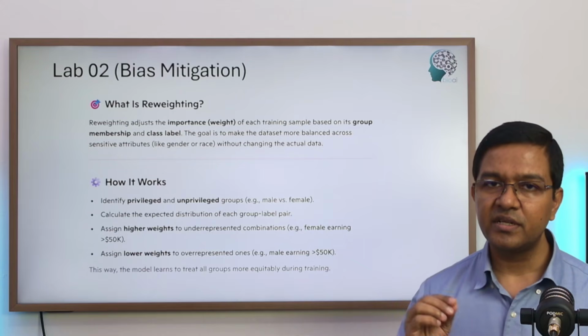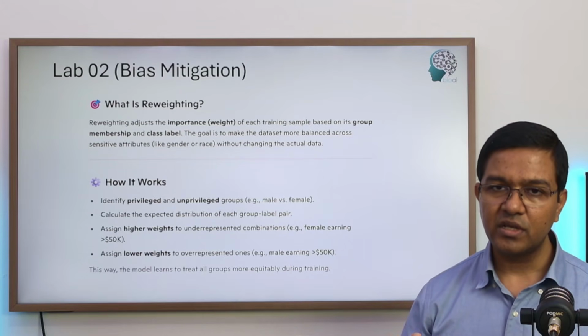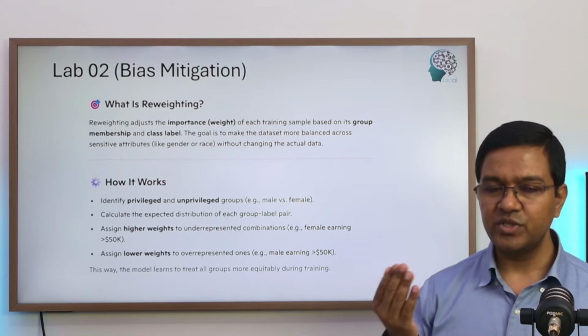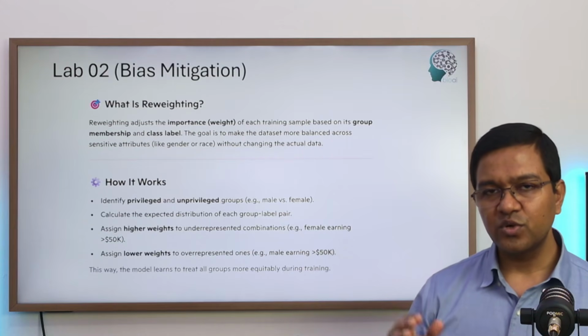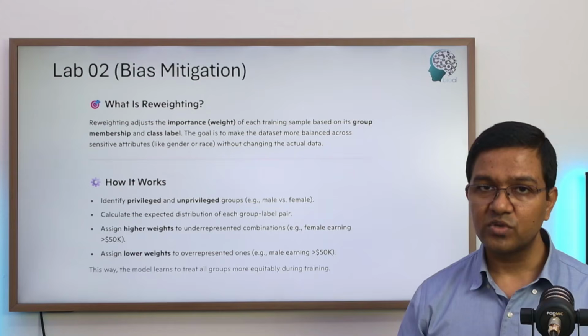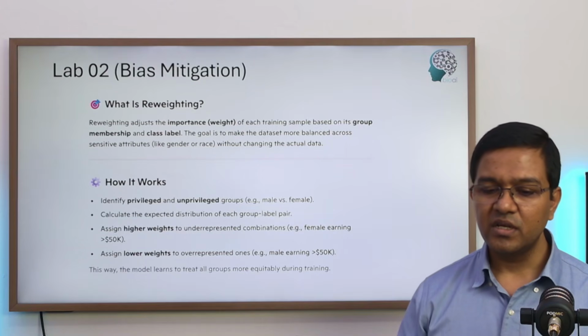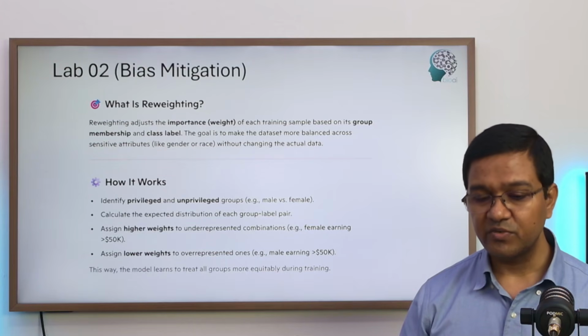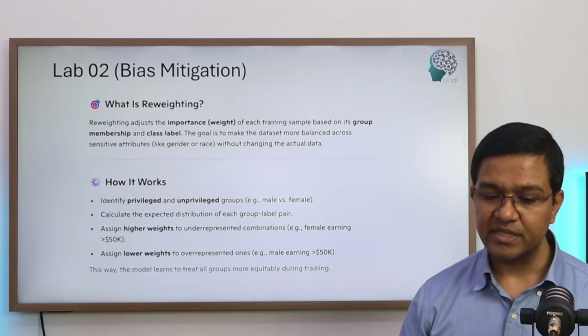Let's say gender and race are the sensitive attributes we saw in the bias detection. By using the reweighting technique with specific weights for those features, we see how we are mitigating the bias.